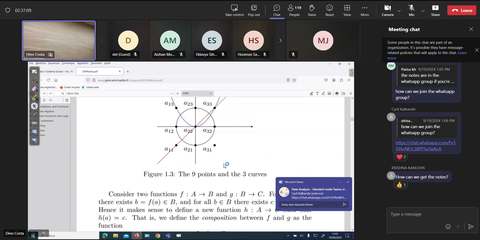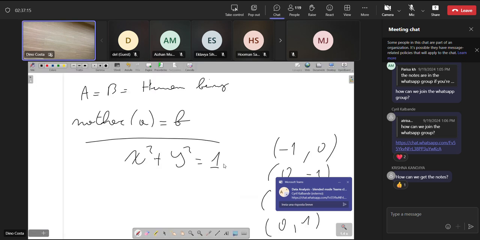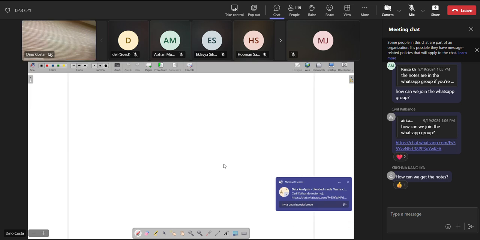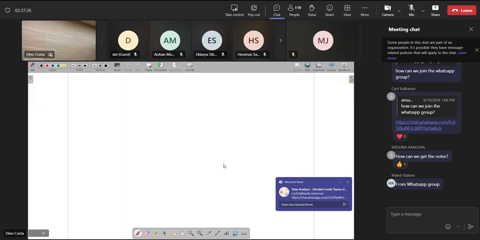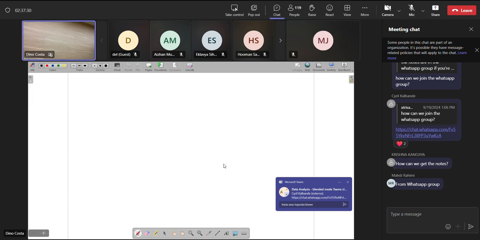I prefer the matrices here, because instead of making pictures and so on, it's so easy. Okay, so how do I continue here? So this is an example. This is the second example.